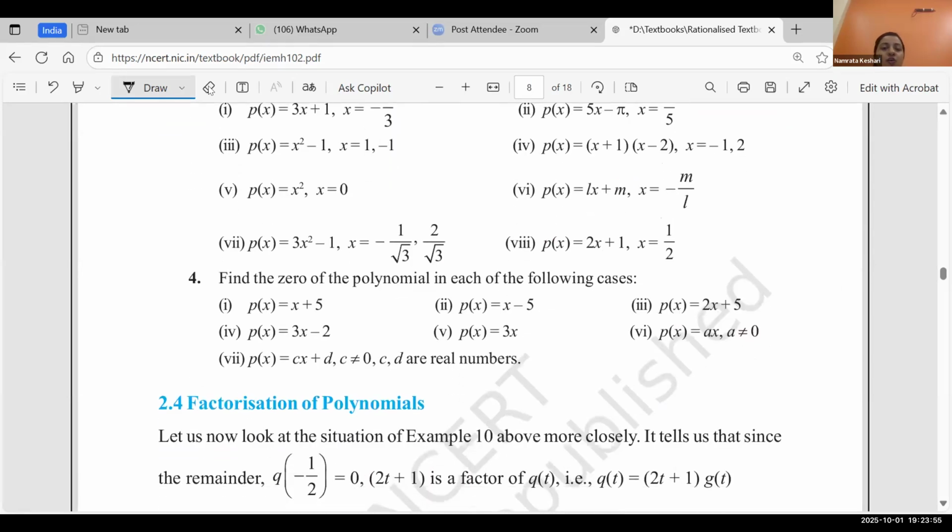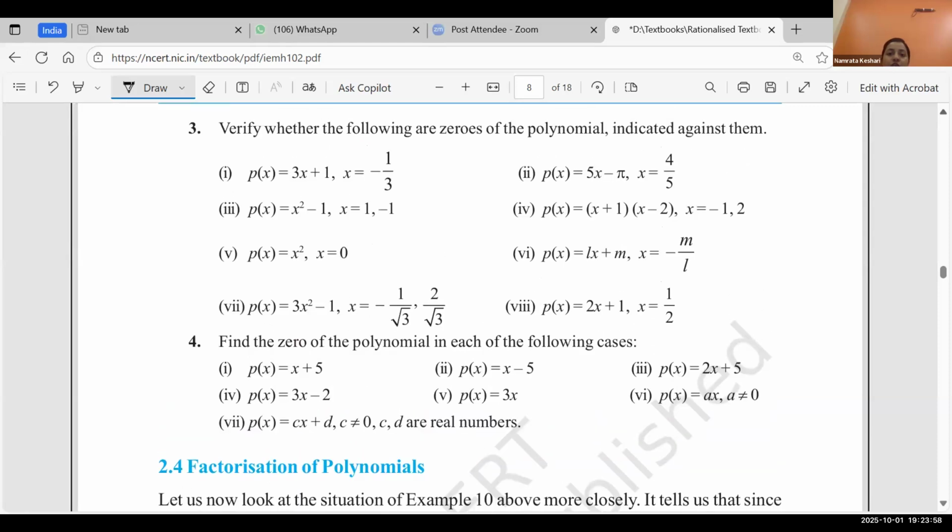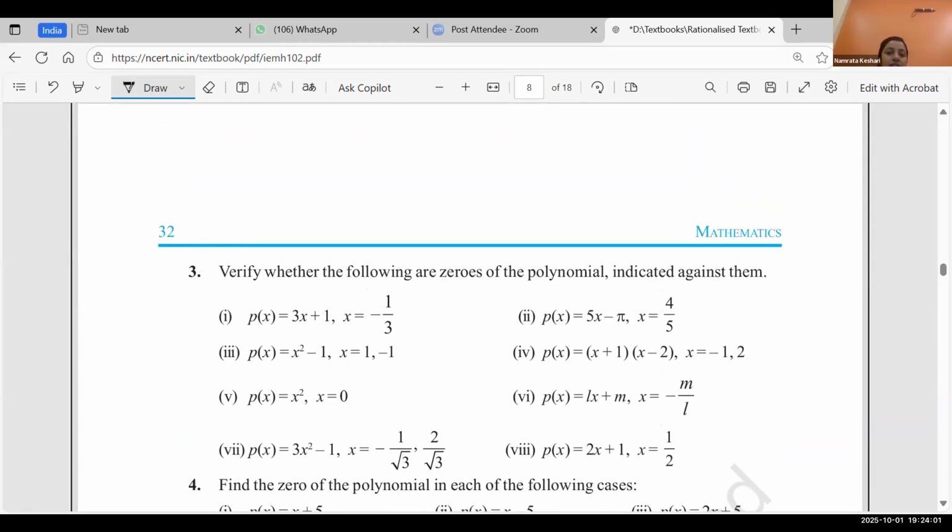Now we need to discuss the zero of the polynomial. Zero of the polynomial means, if I take a polynomial, let's say an example, P(x) is x plus 4, and we are trying to find the zero of this polynomial, we are asking what x value can be taken at the place of x, any real number, 1 or 2 or 3 or -1 or 2.5 or 3.3 by 7, which when added with 4 gives the result 0.